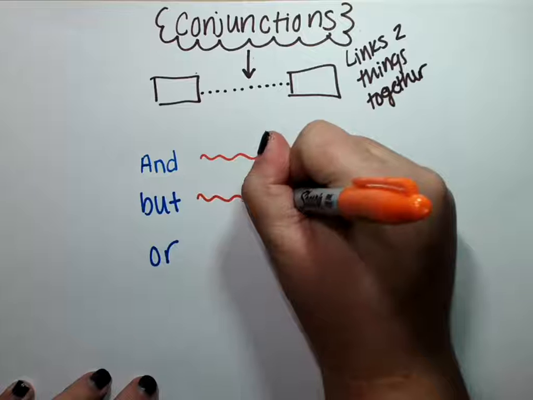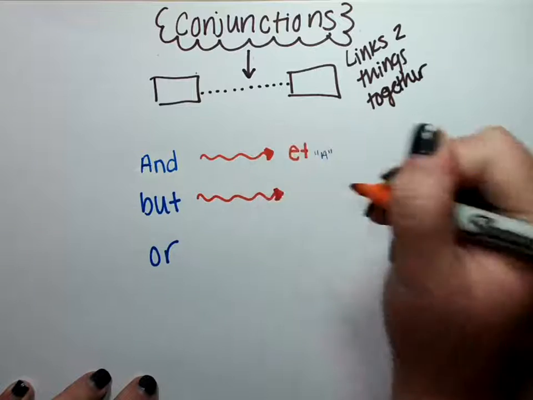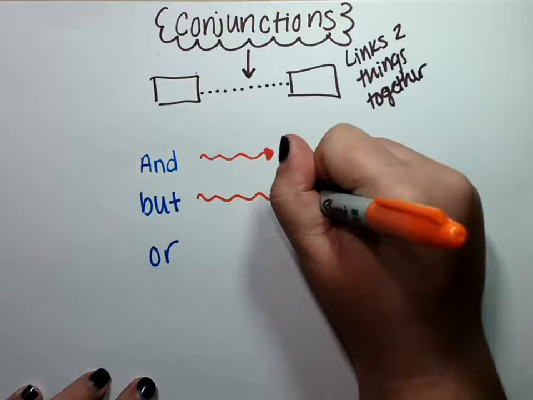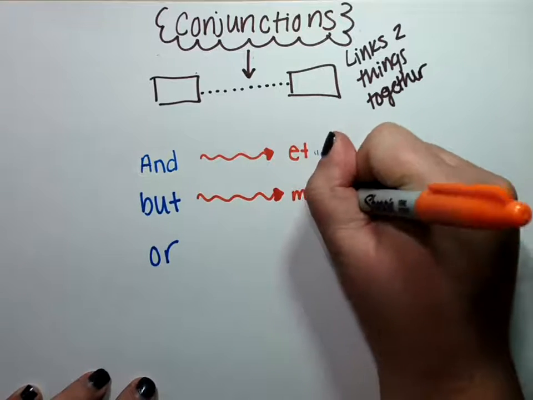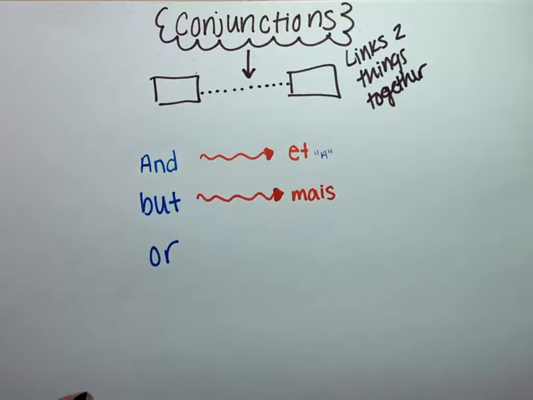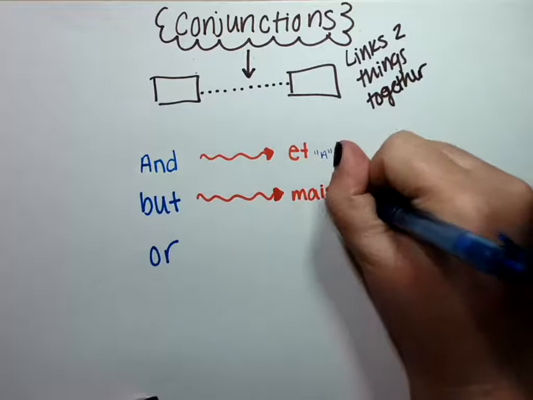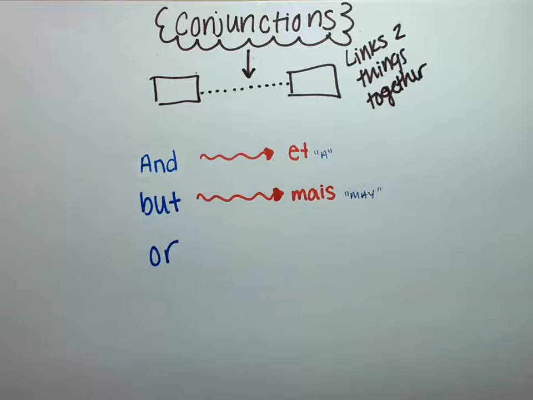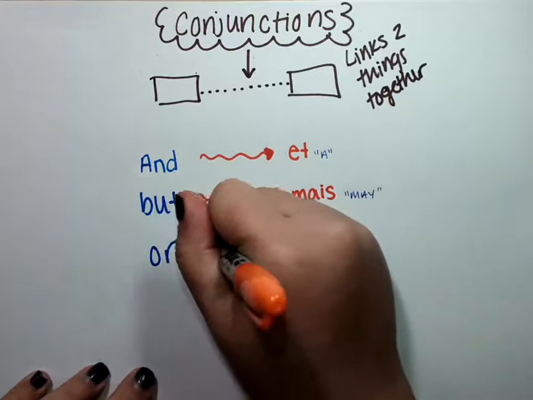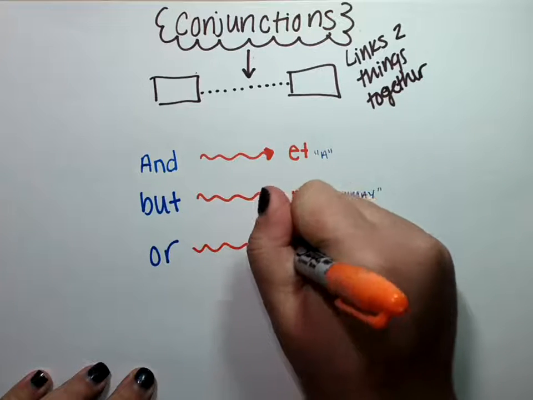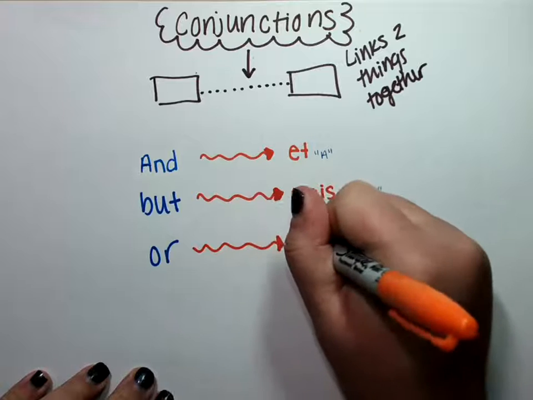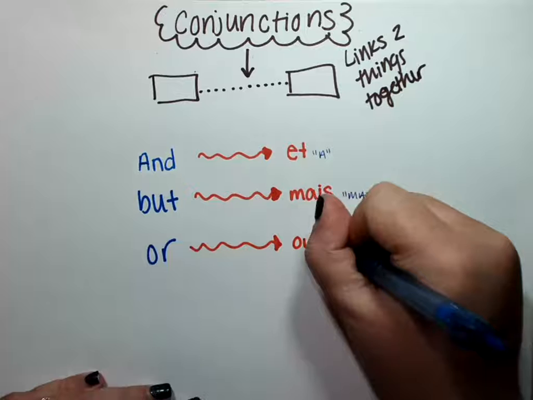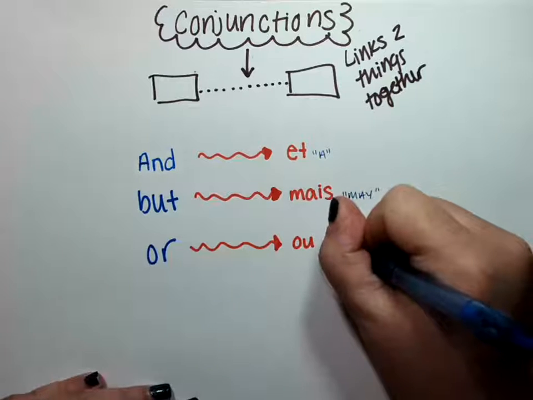And this is helpful when you're saying somebody likes something, but they don't like something else. So this one is mais. Mais. Like the month of May. All right. And our last one for today is ou. Ou. Kind of like what an owl would say.